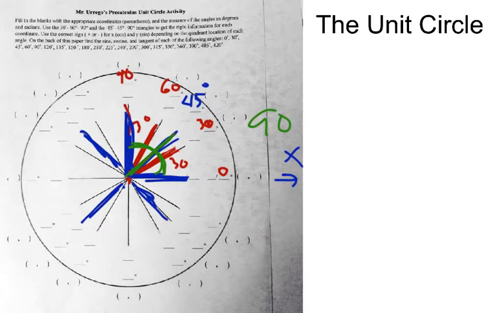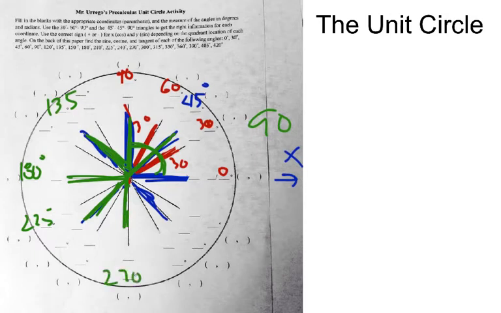So 45 plus 45 is 90, plus another 45, so it's 90 plus 45, that's going to give me 135, plus another 45, that's going to give me 180, plus another 45, that's 225, plus another 45, that's 270, plus another 45, that's going to be 315. And if I do another 45, that will be 360 degrees, which is the same thing as 0 degrees.